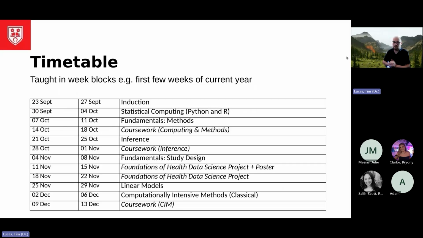Whereas many degrees, you study 4 modules throughout the term and you do a few lectures a week for each module, in this degree, you spend a week doing one topic, really focusing on it, really getting in depth, and then every other week or every 3 weeks, you'll have a coursework week where you don't have any face-to-face teaching. You do the coursework for the modules you've just covered, and part of that coursework is really reinforcing the things that we taught.